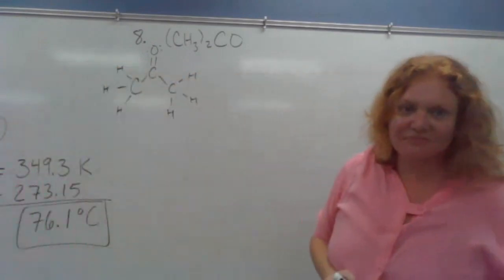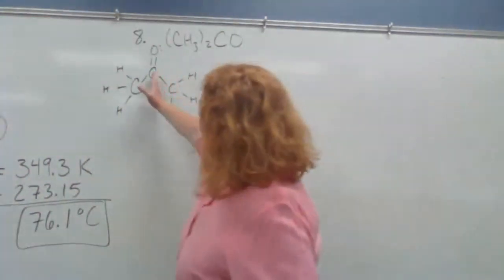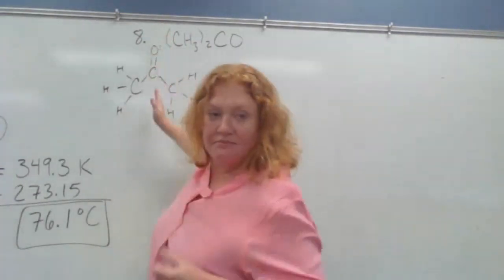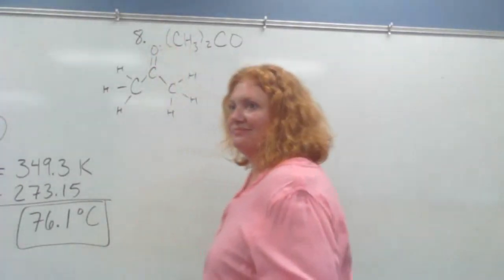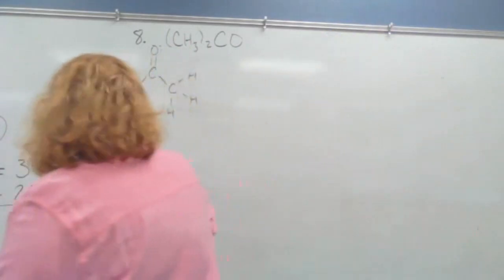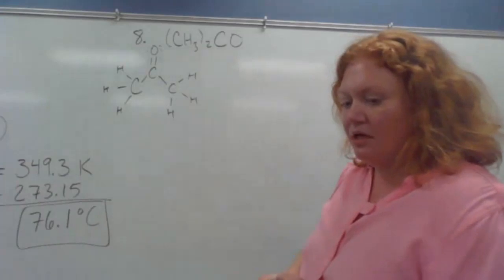That's what that compound looks like. So it's polar because there's a pull there, but it can't hydrogen bond. So it just has LDFs and dipole-dipole attraction, and that's it. Okay, that's not the point of this problem, right? What's the point of this problem?